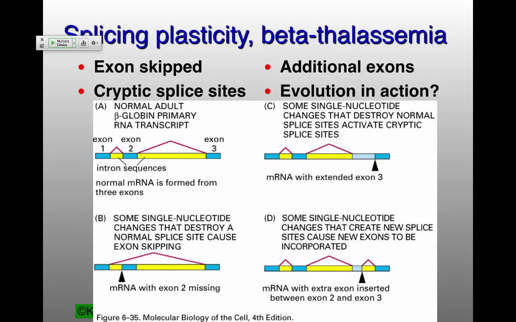Would that be a mutation in the proteins that bind, or a mutation somewhere else, in the U1 and U2? So the question here, I think, has to do with where that mutation is. That mutation is going to be in the DNA, which codes for your primary RNA transcript, and then that base change.